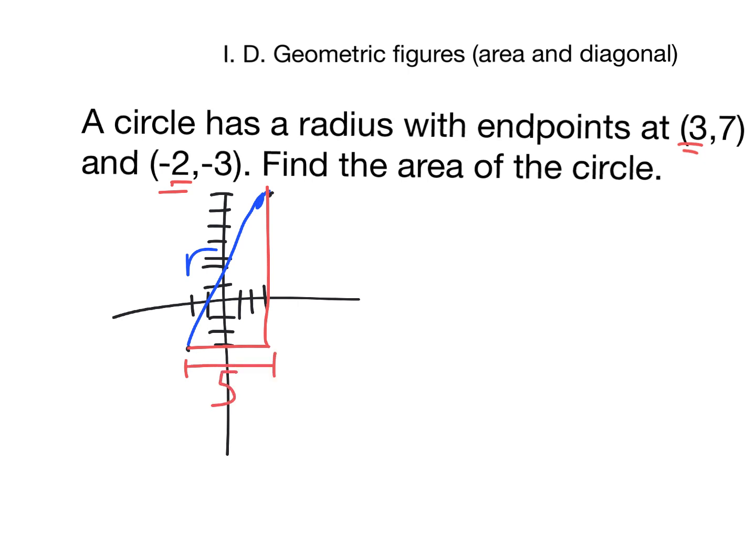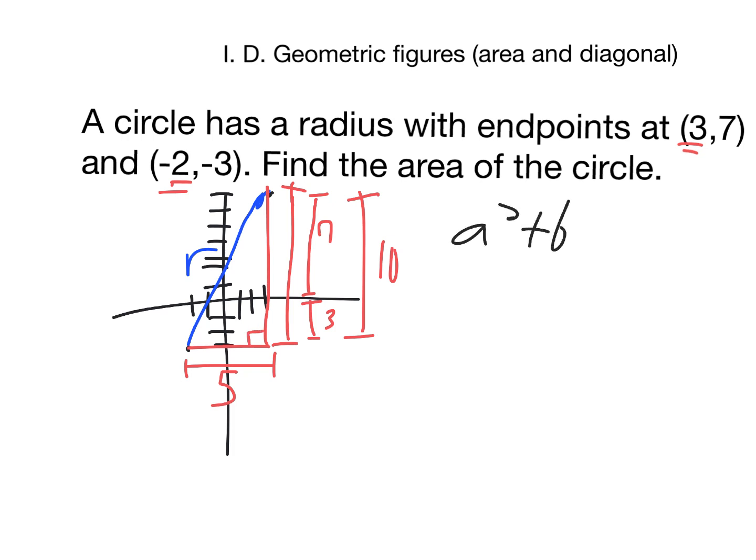So that's a difference of 5 units. The y values, we're going from -3 up to 7. So just think, -3 to 0 would be 3, 0 to 7 would be 7, and so that's 10 units altogether. Okay, and then we can use the Pythagorean theorem.